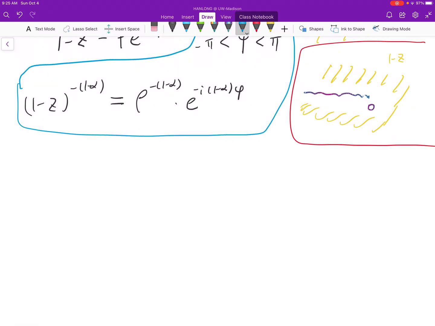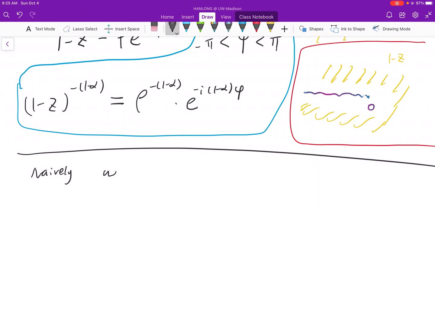You need to define the branches for z to the alpha power and 1 minus z to the 1 minus alpha power separately. So naively, we should get rid of the two slits on the z-plane.